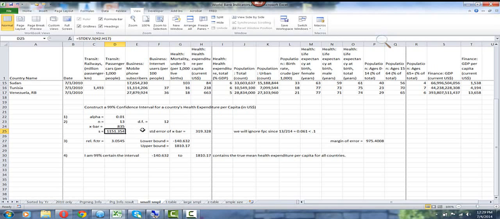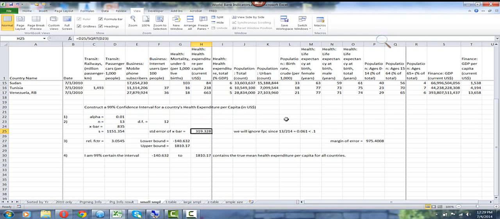So we calculate the mean and standard deviation, and then with the sample size of 13 and the standard deviation of 1151, I can calculate the standard error, because that's just S over the square root of n.